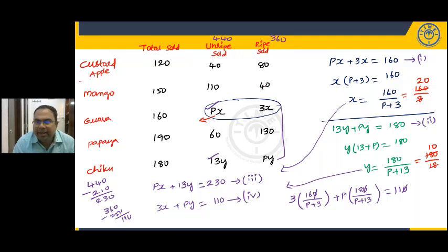Here P is 5, I'm writing here, x is 20, y is 10. So 5 into 20, this has to be 100. 3 into x value 20, this has to be 60. 13y, 13 into 10, 130. Py, P is 5, y is 10, this is 50.